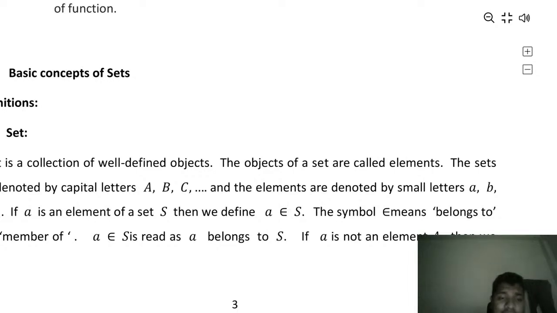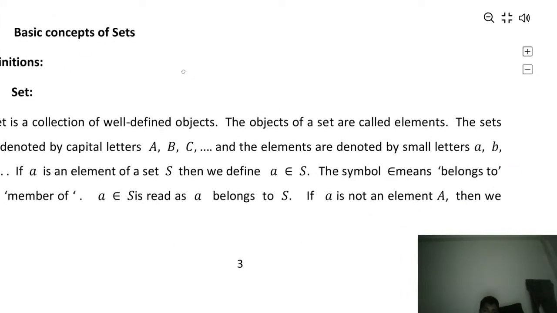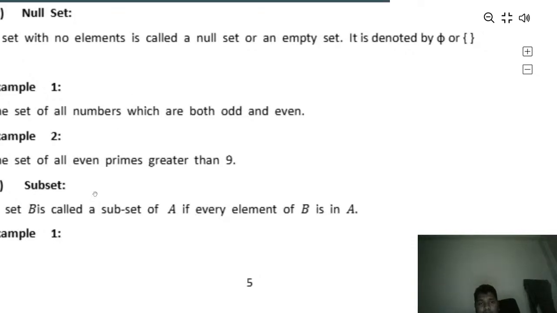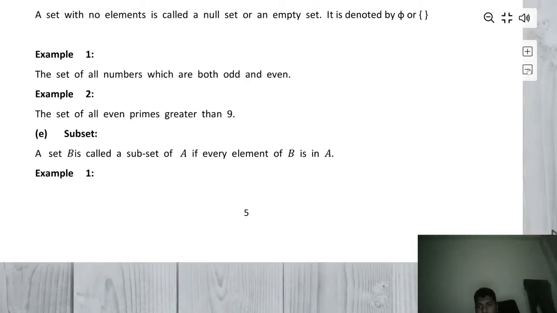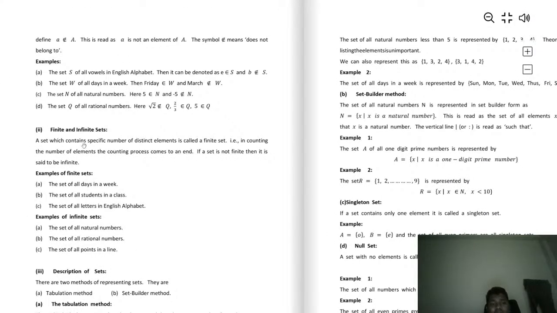If a is an element of the set A, then we write a ∈ A. The symbol ∈ means belongs to, or a member of A. If a is not an element of A, then we write a ∉ A.